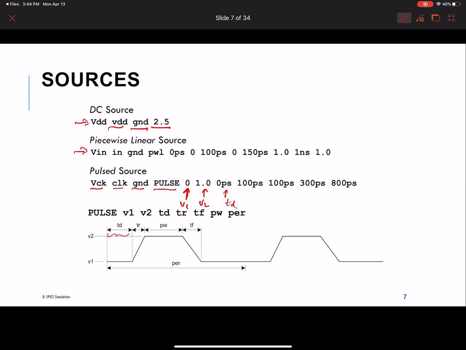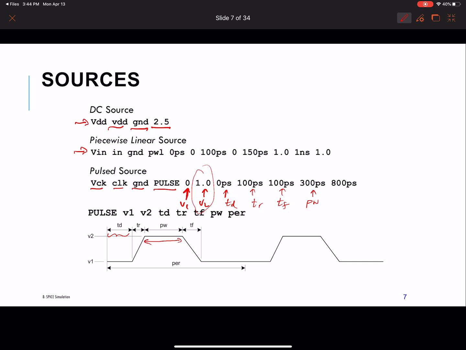100 picoseconds is the rise time, the second 100 picoseconds is the fall time. It's just the position along this line that decides what they are. And then this is the amount of time that the signal stays at the V2 value. So this would be called PW in our graph here.